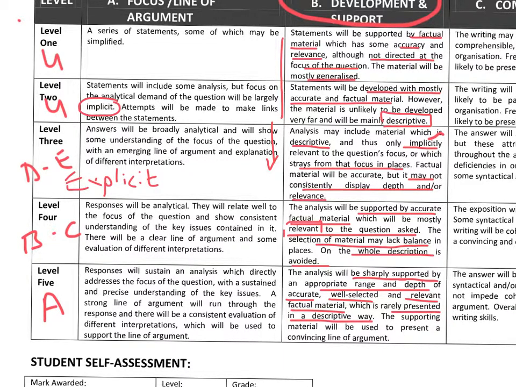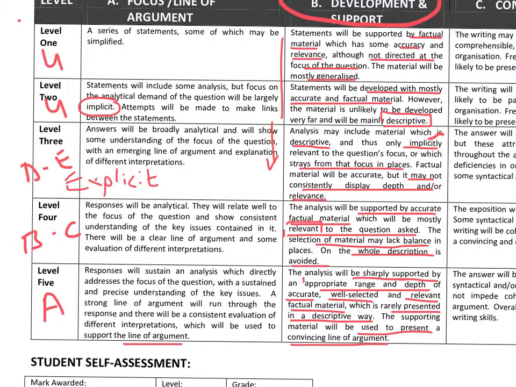You can still get a grade A, and there could be perhaps a small section of description, but on the whole, description is missing. The supporting material will be used to present a convincing line of argument. So again, it's very much linking into that line of argument that we spoke about in the first strand.